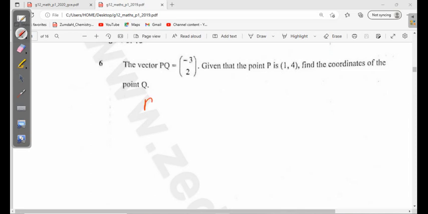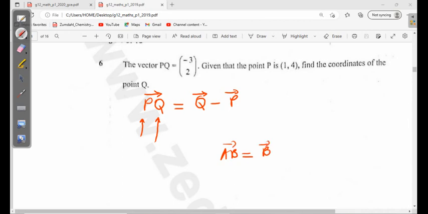You should first get the second thing that is given, that is Q, and subtract the first thing that is given, that is P. So if we were given AB, we would first write the second thing given, that is B, and then subtract the first thing given, that is A.